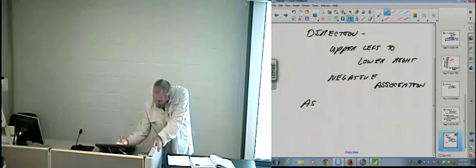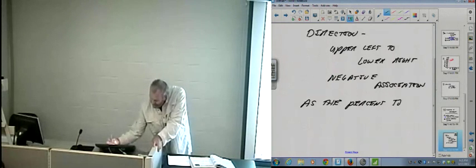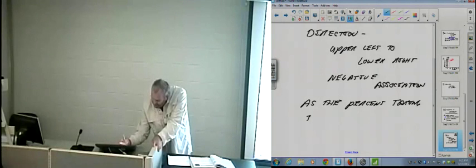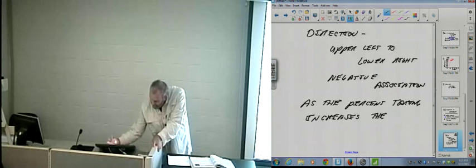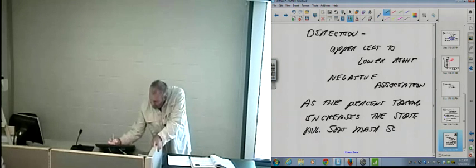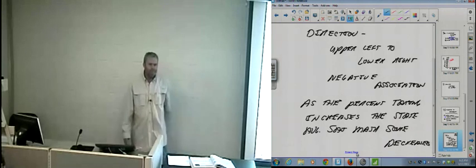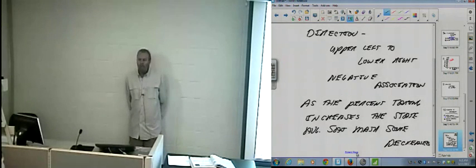As the percent taking increases, the state average SAT math score decreases. Why is that? No thoughts?